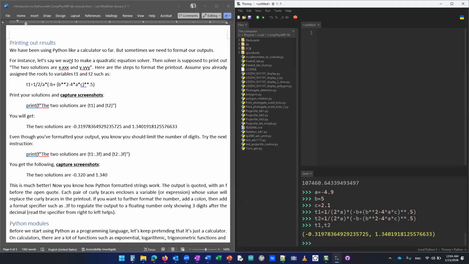For instance, for the quadratic equation solver, maybe we want to print a line of text that says the two solutions are x dot xxx and y dot yyyy. We don't want that many digits. It's meaningless, right? I talked about this.